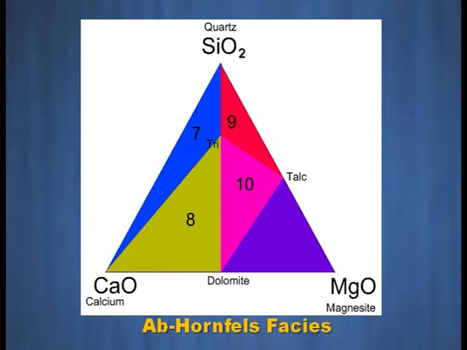Another is calcite, dolomite, tremolite, and another, slightly magnesium rich, is tremolite, talc plus or minus quartz. So, these are the important calcareous assemblages mainly observed in Albite Epidote Hornfels facies.